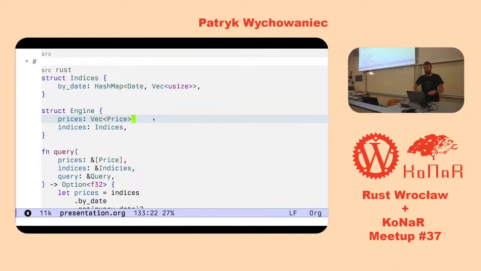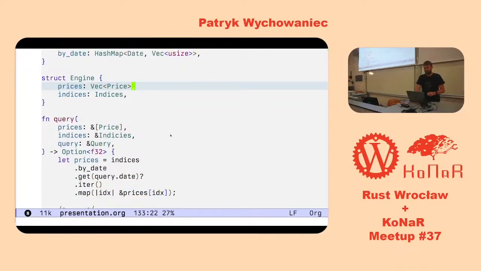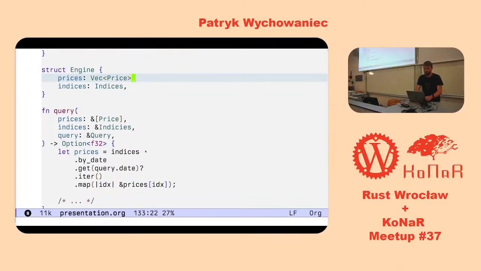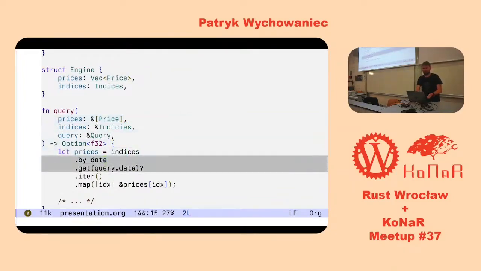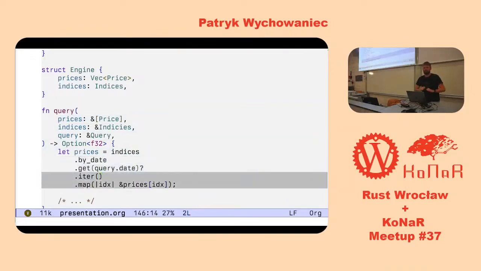This is how it was actually, again, more or less, with a pinch of salt, implemented. And then the code for querying is not too complicated. Instead of going to the prices directly, we go through indices, find the prices that match the date we've got at hand, and then map those indices to actual price objects.